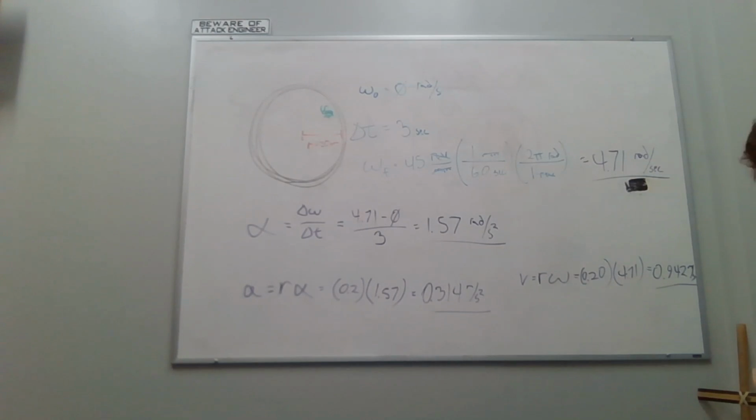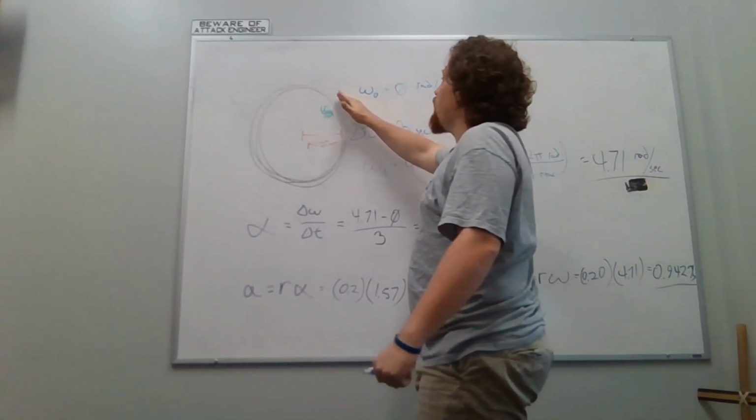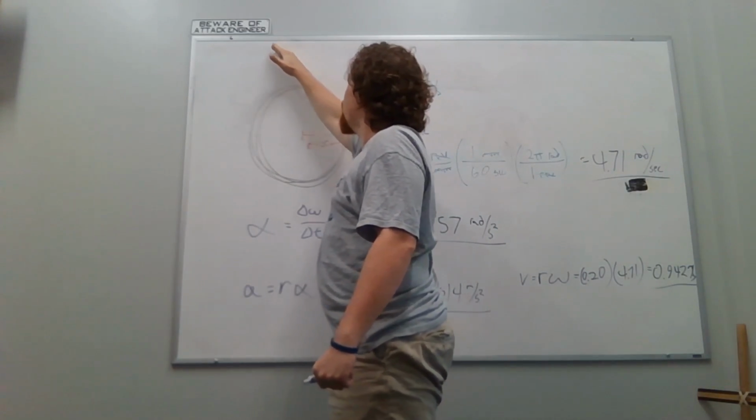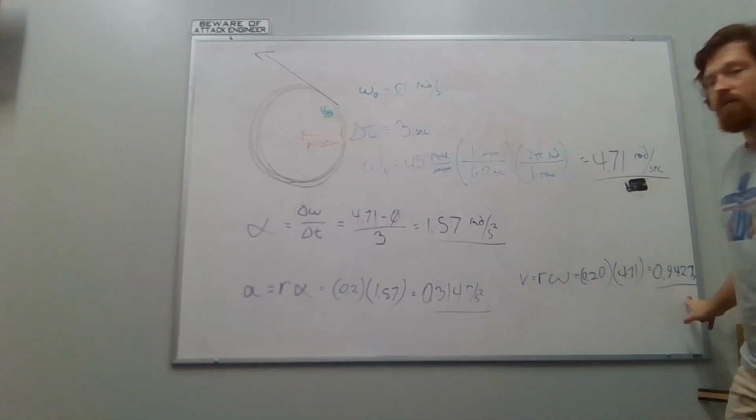Now what this represents is, if the grasshopper let go of the wheel right now at 5 seconds, it would shoot off in a straight line at this speed.